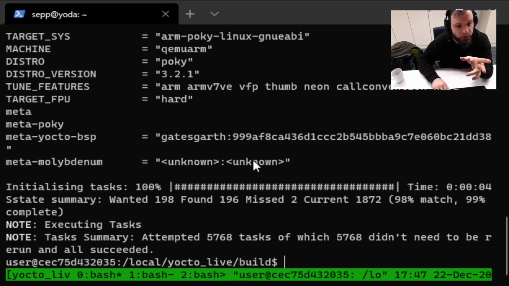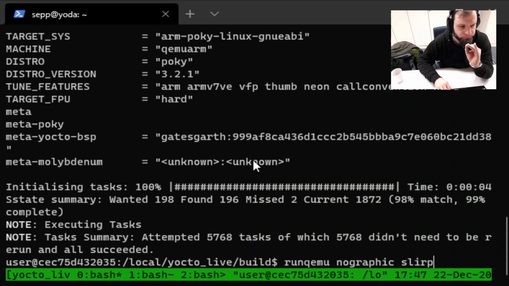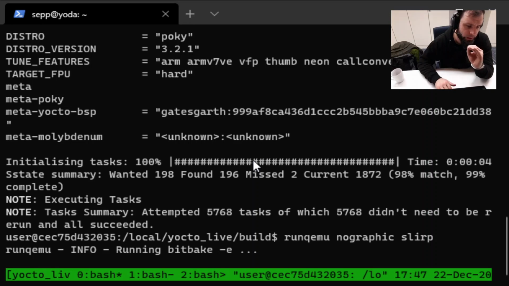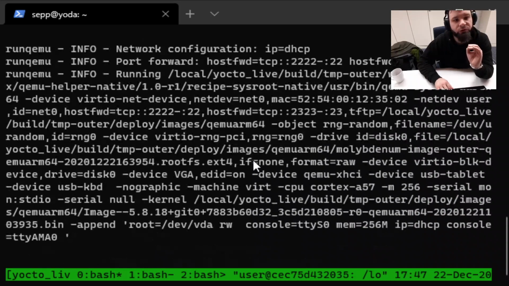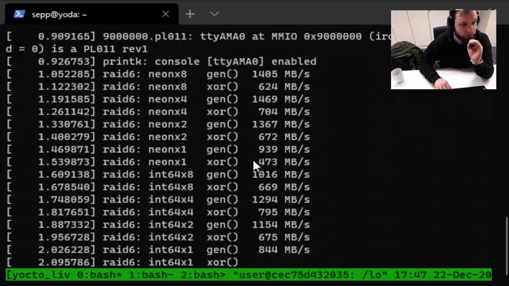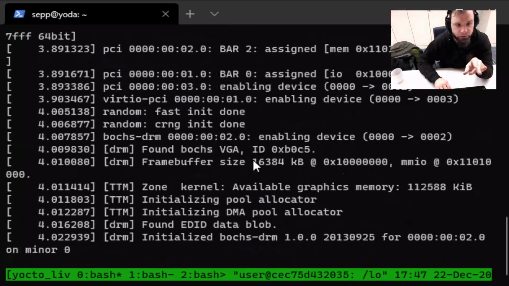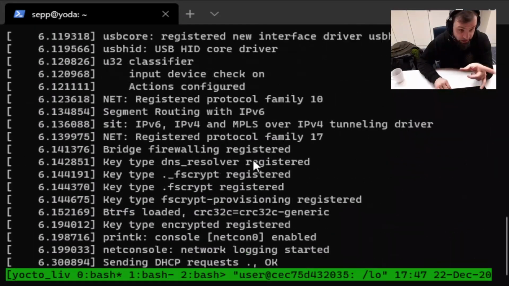You see, it didn't rerun any tasks. So if we look at molybdenum outer, bc is probably not there.